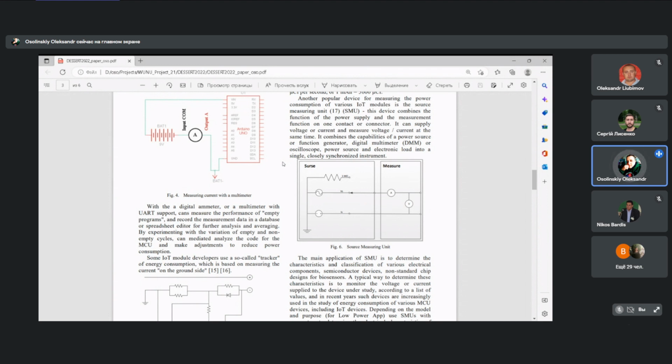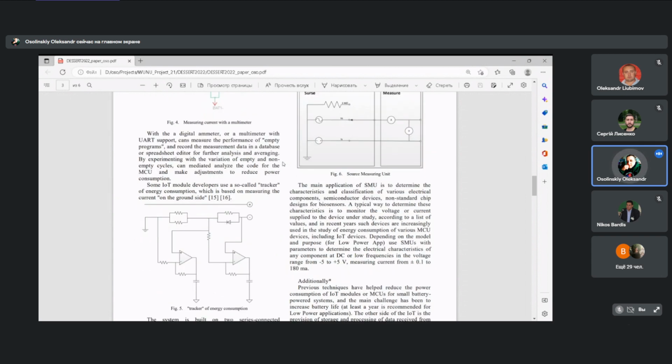Our next step was analyzing source measurement units. These are more advanced devices to which you can connect the device under test and measure how much current it consumes.